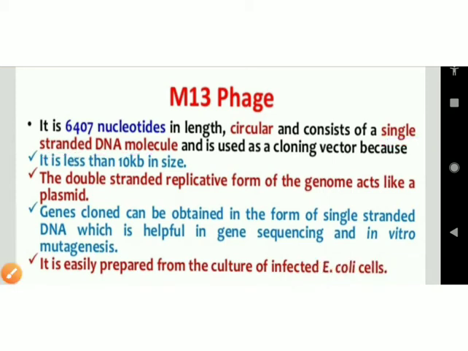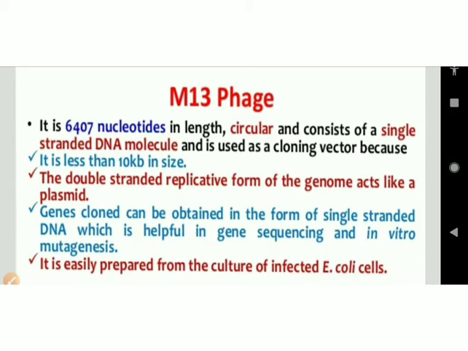So M13 phage is important because of its use in various gene sequencing techniques or in vitro mutagenesis studies. It is easily prepared from the culture of infected E. coli cells.